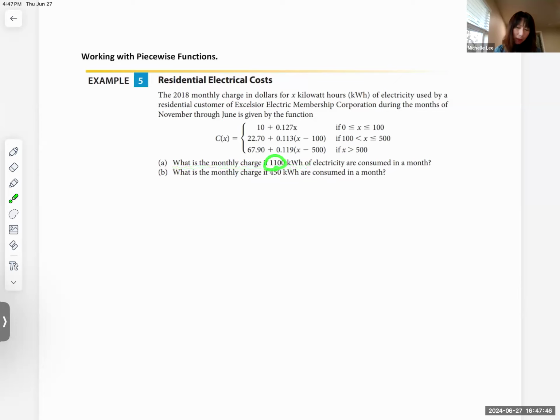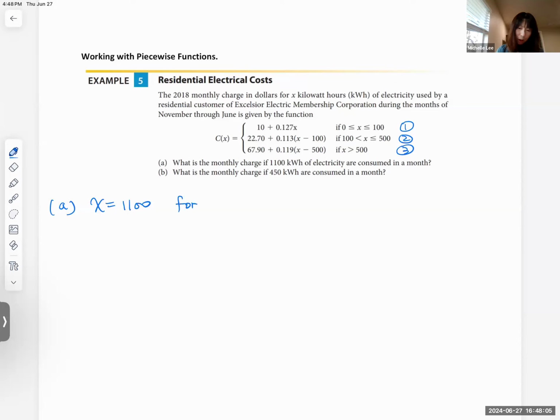Okay, so 1100, let's take a look, where's 1100? So number one or number two or number three, right? So 1100 must be number three, right? So X equal to 1100.